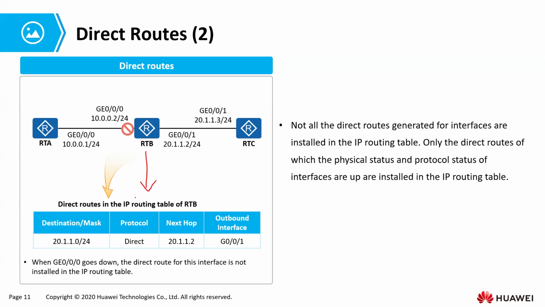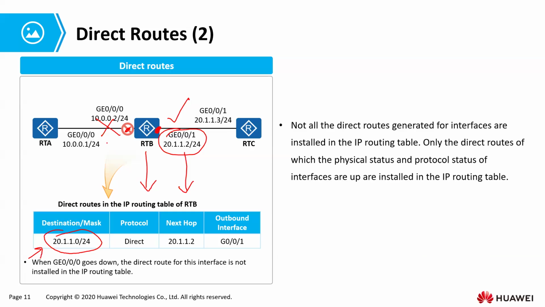Interface E is up, therefore network E, directly connected, is in the routing table. If interface E is down, shut down, not enabled, the protocol is not up, therefore we won't see it in our routing table, even if it's directly connected.